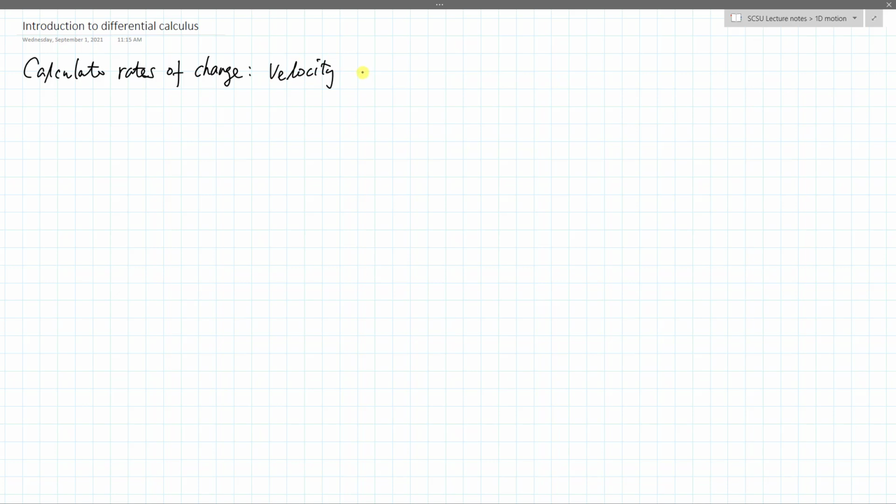Velocity is the rate of change of position, so that's that. And we also know acceleration, and that's the rate of change of velocity.